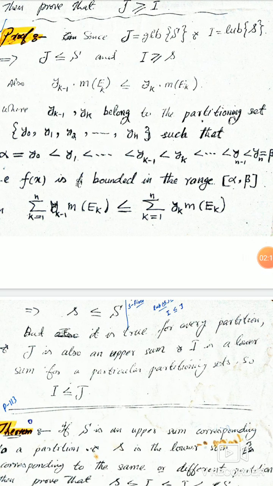It means that alpha is equal to y0 is the starting interval point, and yn is equal to beta, this is the last interval point on the y-axis.